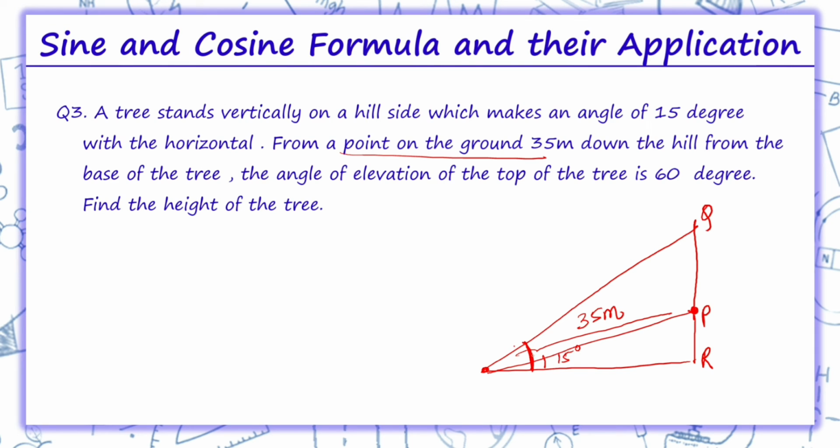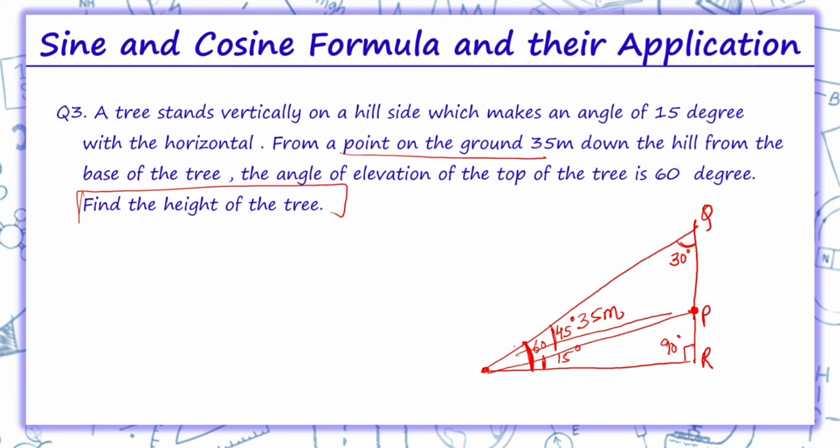That means this full angle is 60 degree. Since this angle is 15, the remaining angle will come out to be 45 degree. Since this full angle is 60 degree and this angle is 90 degree, this angle will be 30 degree by using the angle sum property.